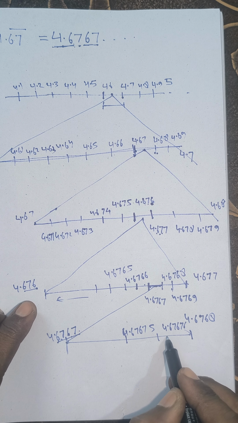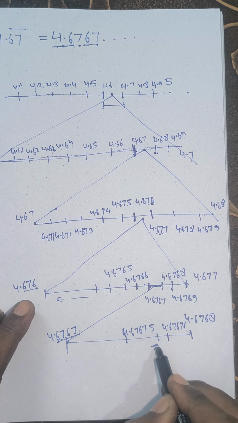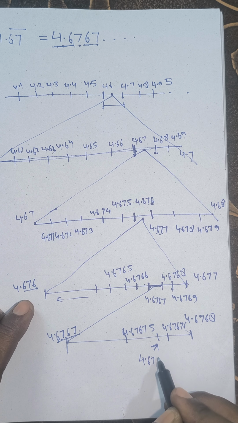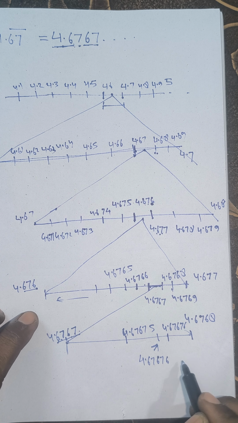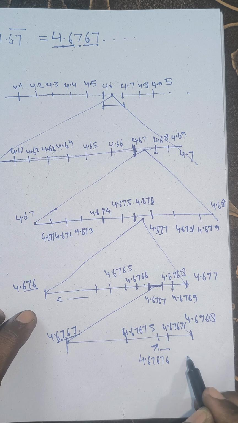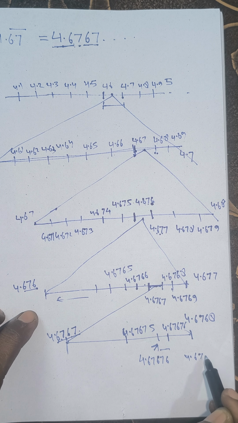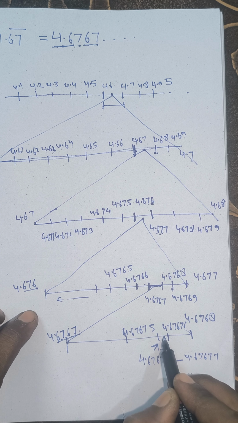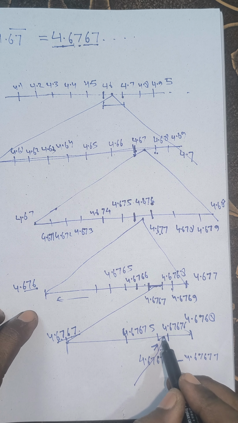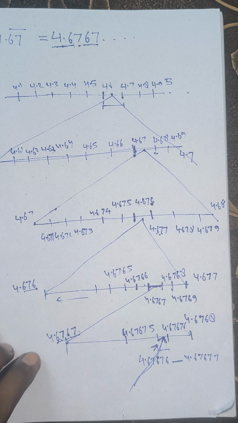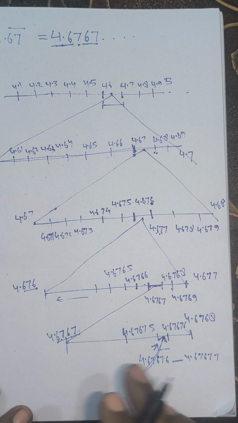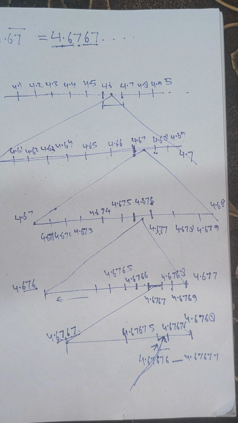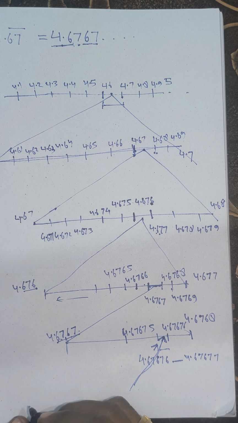So the number lies between 4.6766 and 4.67677. The number lies between here, so we just need to mark this number. This is the answer. You just need to write that it lies between these two points. That is the answer.